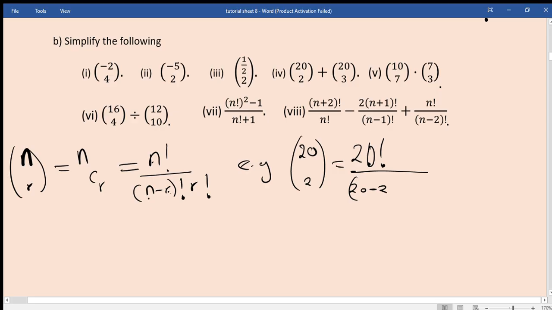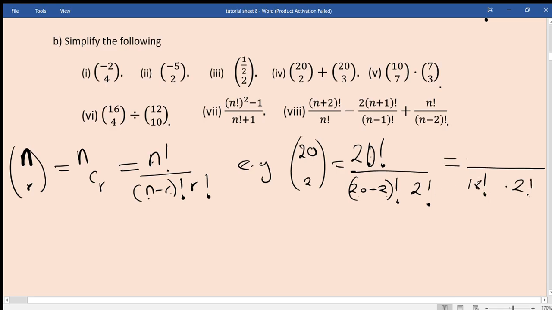Remember, I want to simplify this to the lowest terms. 20 factorial is a product of 20 times 19 and so on until we reach 1. But 20 minus 2 is 18 factorial, and 2 factorial is 2 factorial.